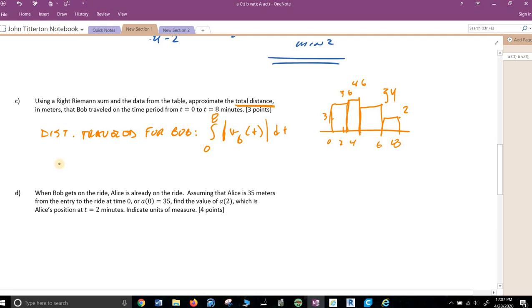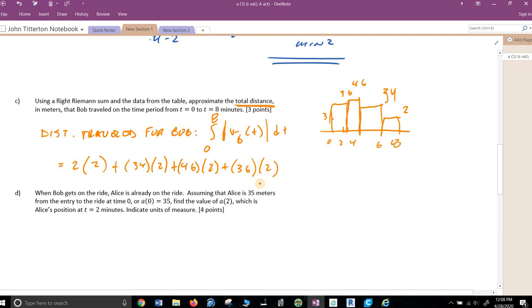So off we go, equals right Riemann sum, 2 times 2, that's weird, plus 34 times 2, plus 46 times 2, plus 36 times 2.